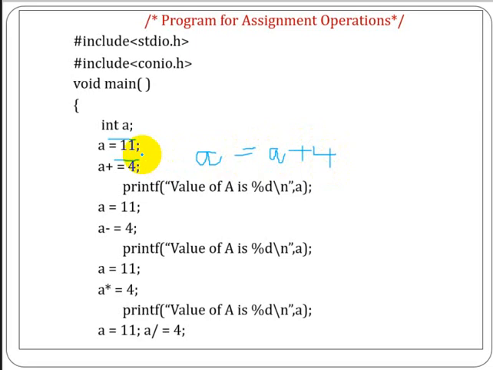So 11 + 4 is 15, and you will get the output 15. Here we are subtracting, that is a = a - 4. What is a? a is 11, so 11 - 4, and you will get 7. And similarly multiplication, and the division.